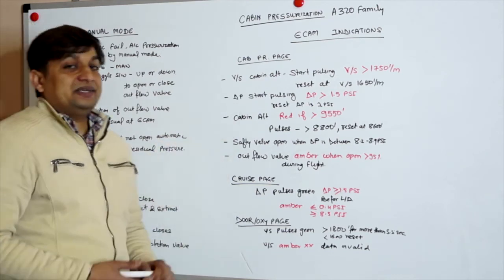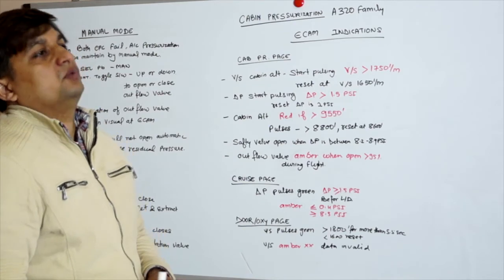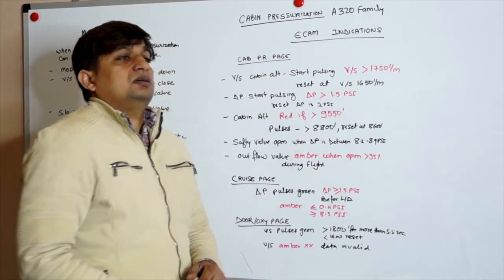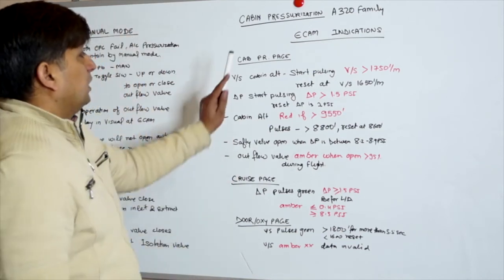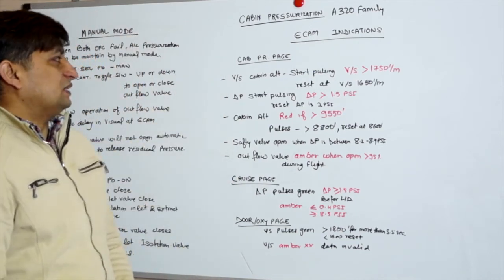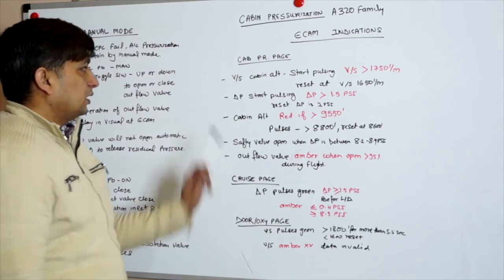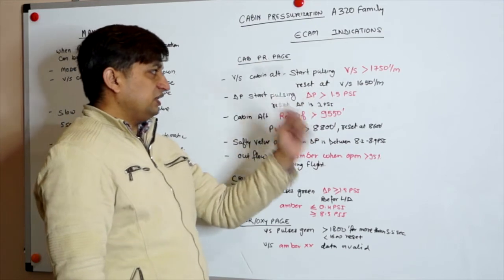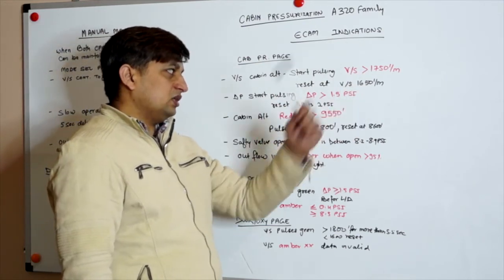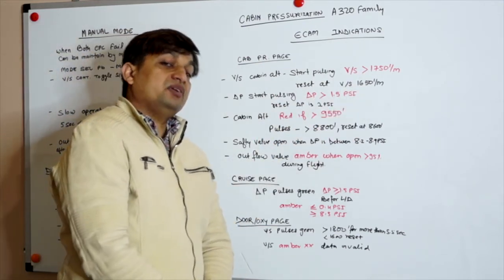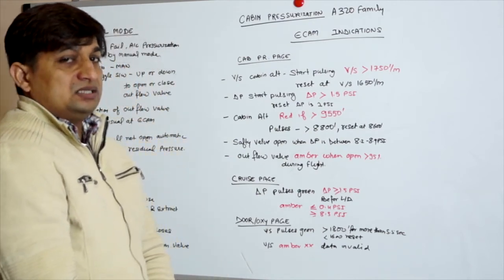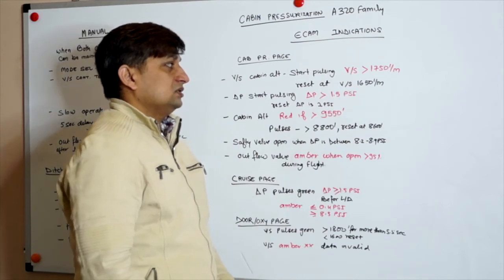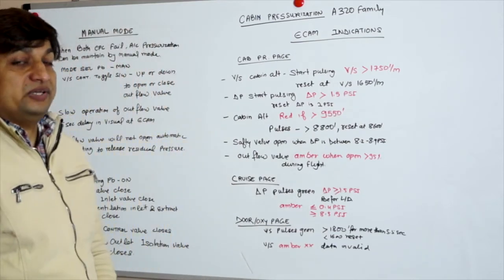Now coming to the ECAM indication. What indications do we get in case of any abnormal situation for the pressurization? On the cabin pressurization page, the VS of cabin altitude will start pulsing if it is more than 1750 feet per minute, because the maximum allowed is 750 only.